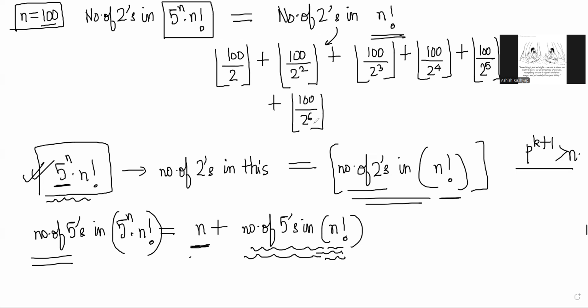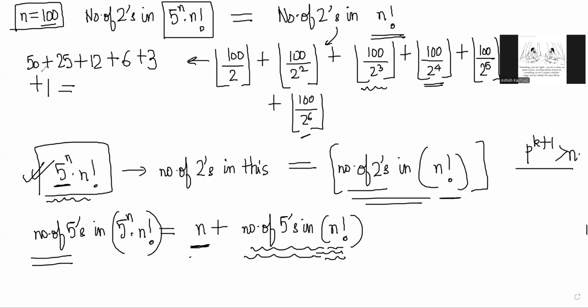2 power 7 is 128, so after that, we don't need to do more, right? So notice that this will give us what? 50 plus, this is 100 by 4, 25 plus, this will be 100 by 8. 8 will give us 12 point something, so floor becomes 12, plus this is 16. 6 sixteens are 96, so 100 by 16 gives 6, plus this is 32, so plus 3, and then this is 64, so only 1 will come from here.